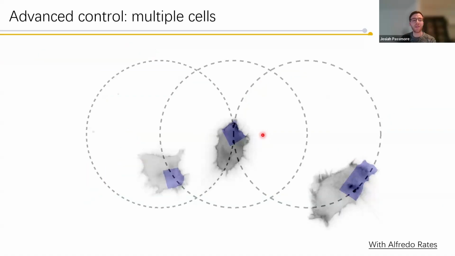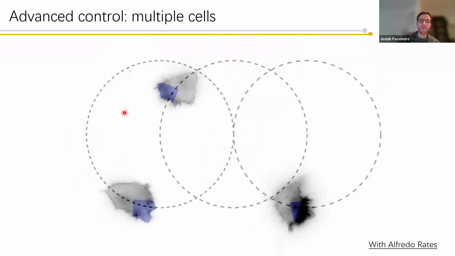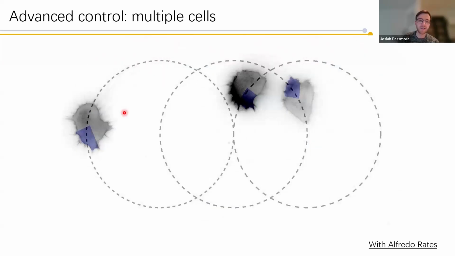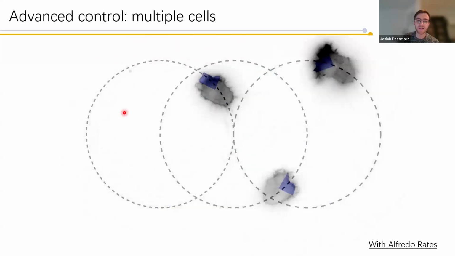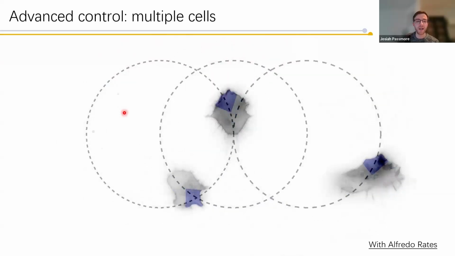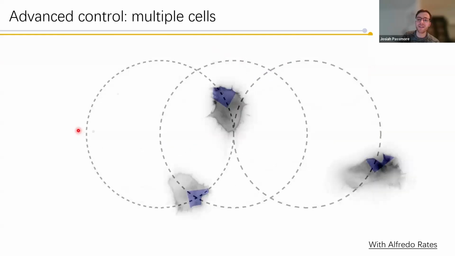Another way that we can show advanced control is by scaling it up. We could control multiple cells at once. Here you see 3 cells controlled to these little circle paths. We can very nicely parallelize these experiments by controlling 3 cells at once, and we're able to keep them all very consistently on their own specific paths. But one thing you might notice is that we got very lucky here where our cells don't run into each other.